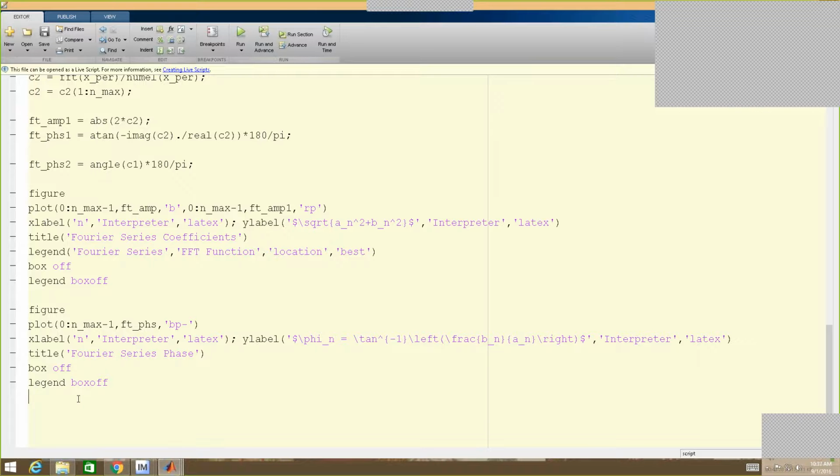So instead of doing this manually, let me write a loop.